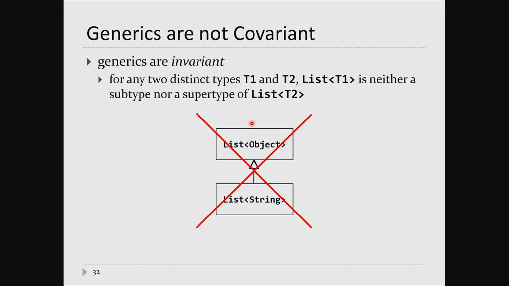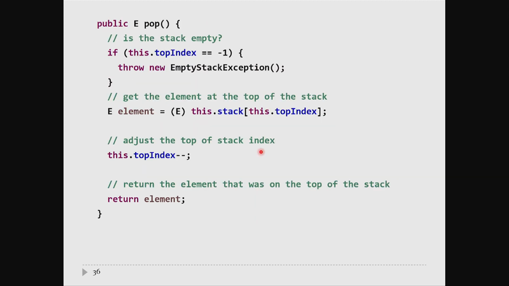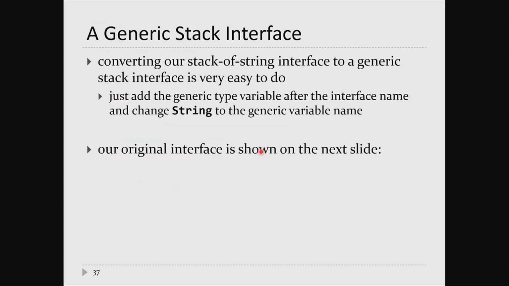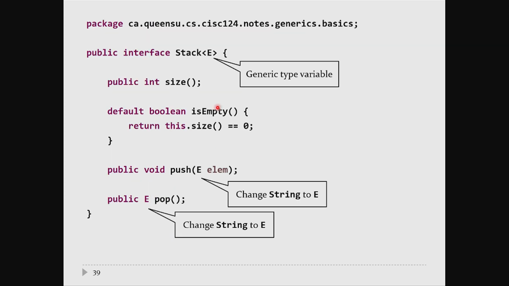Now, the way that generics are implemented. So when you say List of E or Stack of E, let's go to the stack. Here, when I say Stack of E, what actually happens underneath the hood is you end up with a stack of Object.